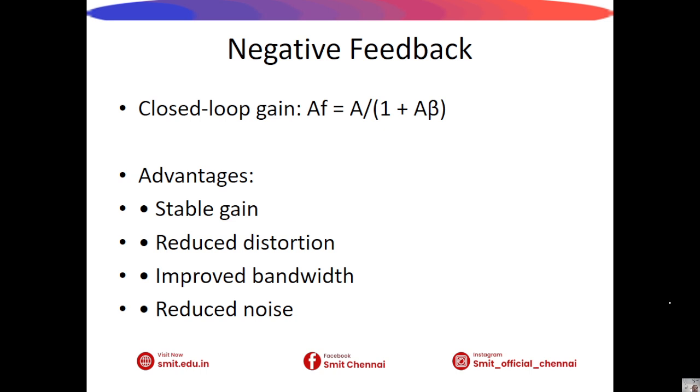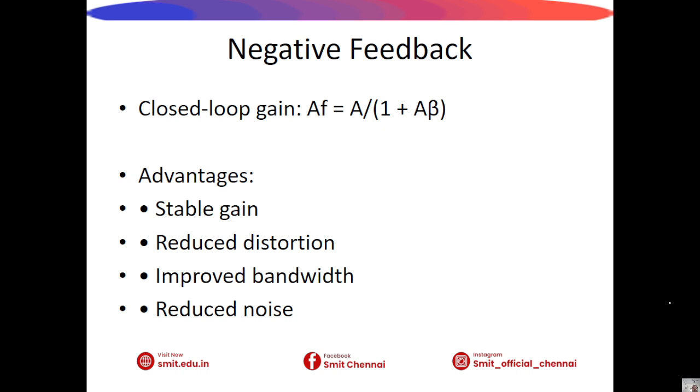First, we see about negative feedback. Negative feedback occurs when a fraction of the output signal is fed back to the input in opposite phase. The closed loop gain of an amplifier with negative feedback is given by AF equals A divided by 1 plus A beta, where A is the open loop gain, beta is the feedback factor, and AF is the closed loop gain.